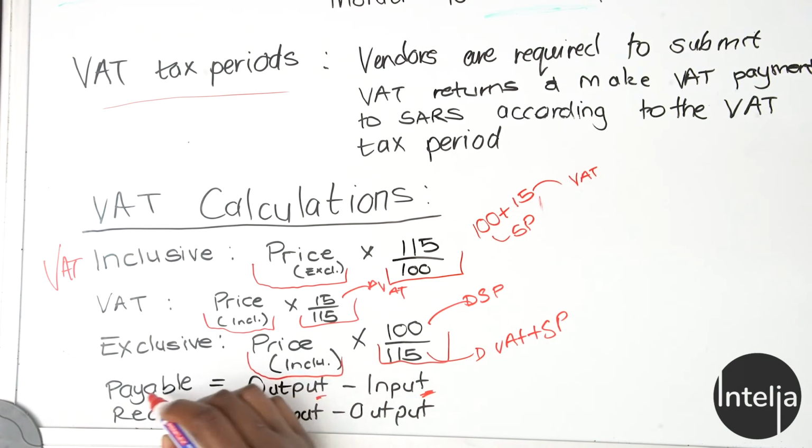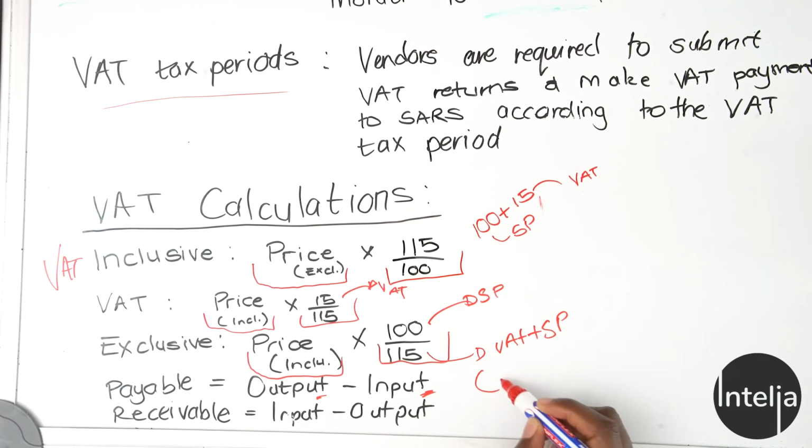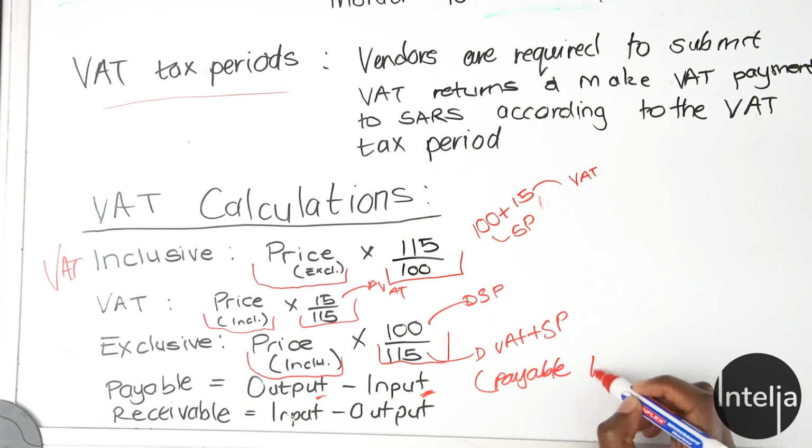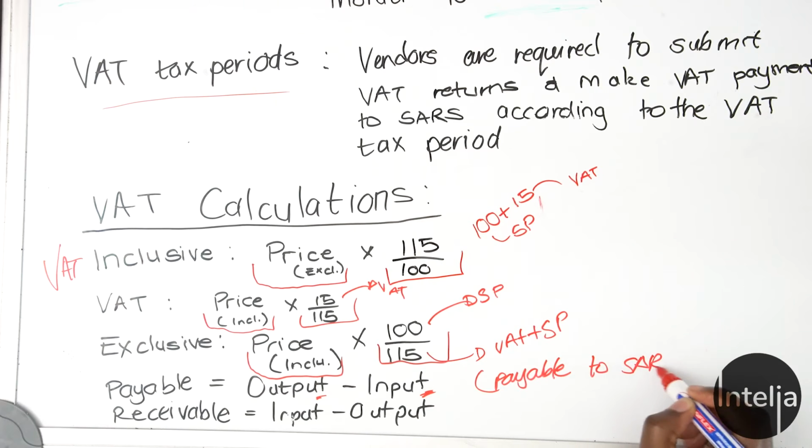So VAT payable to SARS is output VAT minus input VAT. And then VAT receivable is input VAT minus output VAT.